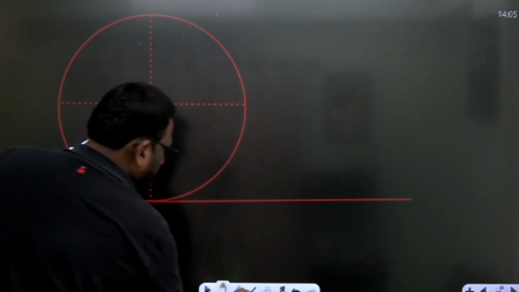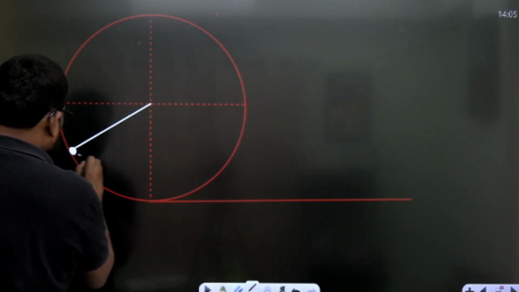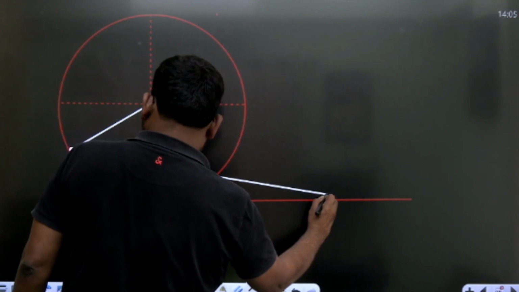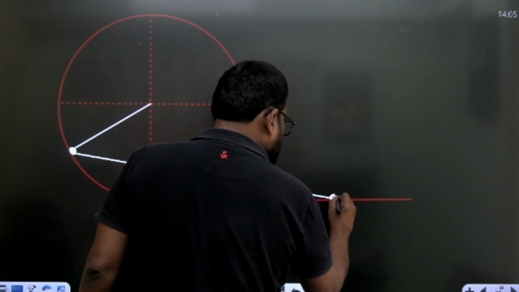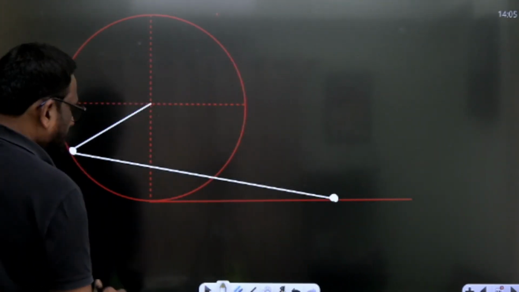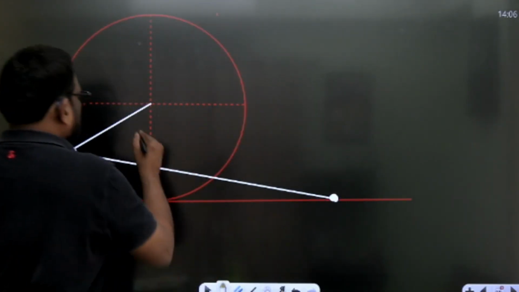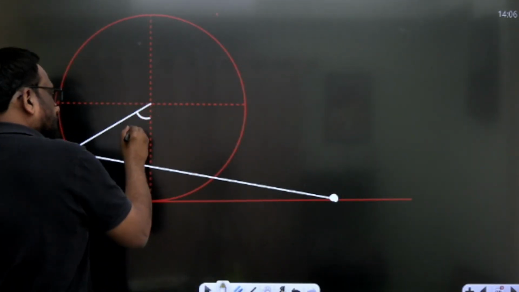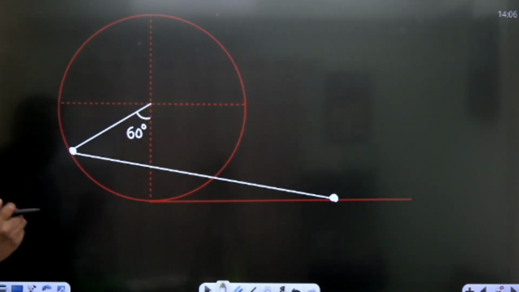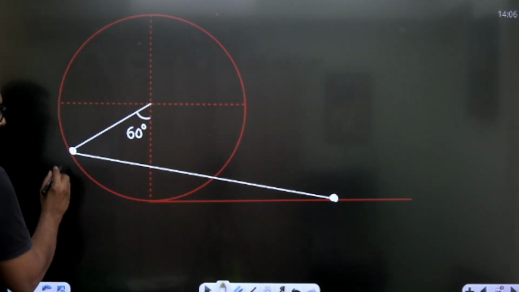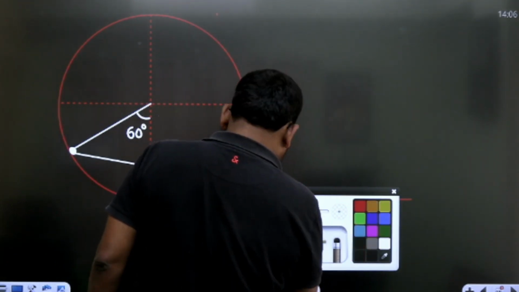This angle is given as 60 degree. प्लीज अंडरस्टैंड, along this path, इसको थोड़ा कलर चेंज करेंगे ताकि आपको समझ में कुछ आ जाए.